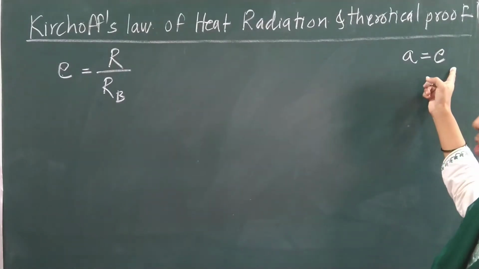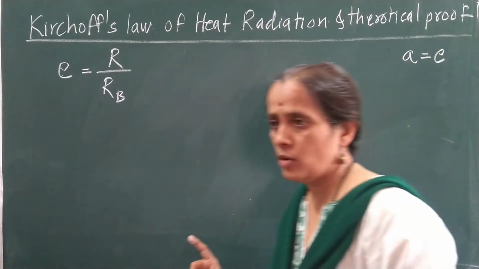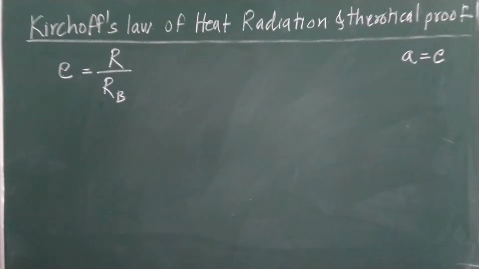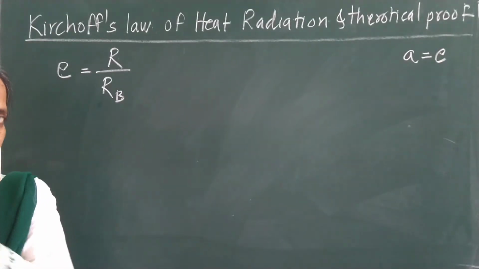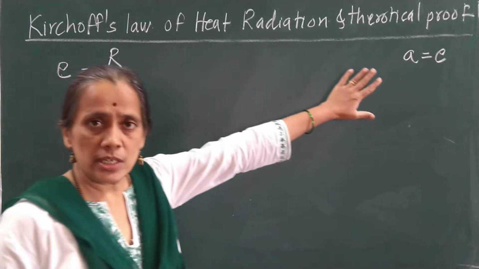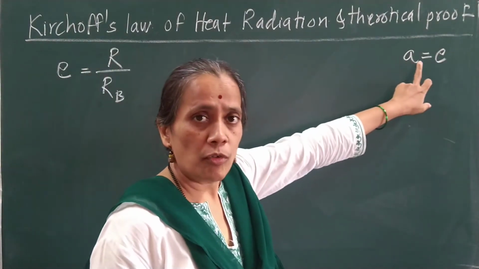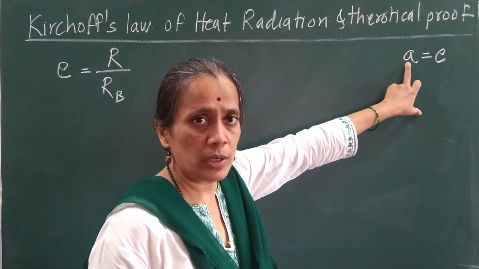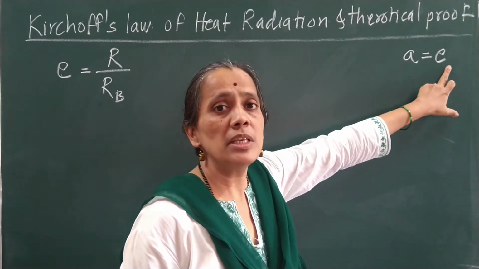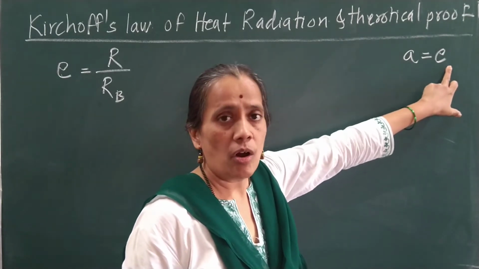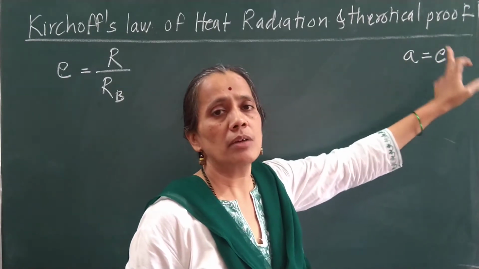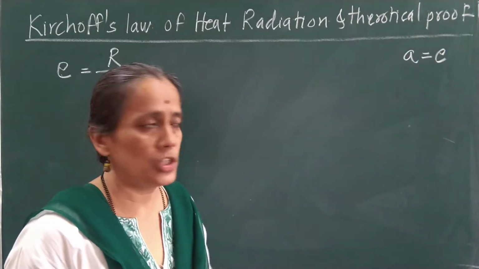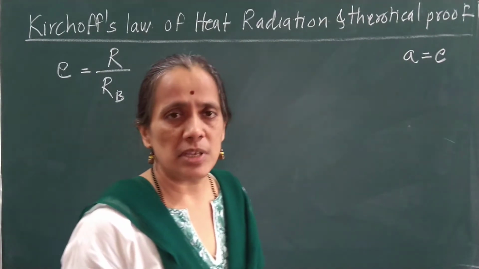So that law will be applicable for a constant temperature. If we consider the temperature factor as a constant, then at constant temperature the coefficient of absorption is equal to emissivity, or at a given temperature, the coefficient of absorption is equal to the coefficient of emission or emissivity.